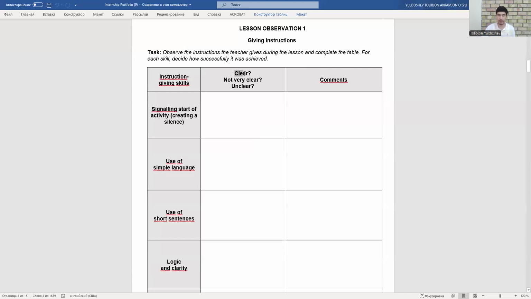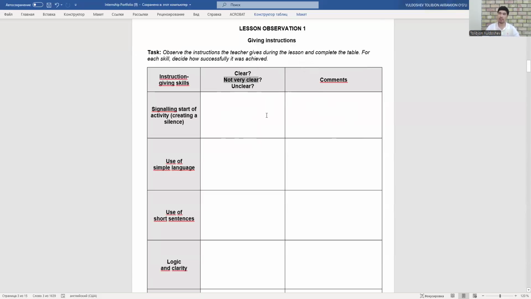If it's clear, you'll write, "It's clear," and you will write a bit more comments on that. For example, you say, "Teacher used, look at exercise 1 on page 78," and everyone could hear it. Or maybe she said, "Okay, look at the exercise which is in the book."